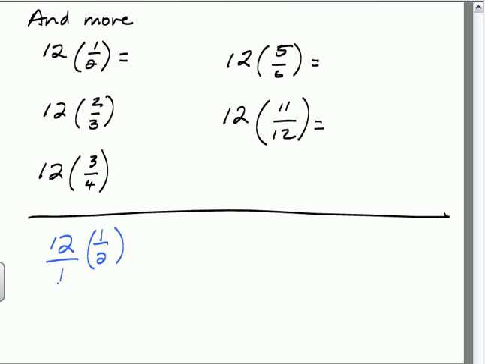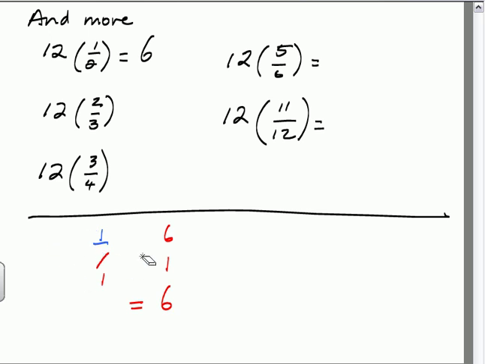Well, 12 is the same thing as 12 over 1, and I'll use my red pen to cancel. Divide by 2, and the result is 6 times 1 is 6, and downstairs we have 1, and anything over 1 is just itself. So we end up with 6, a nice number.